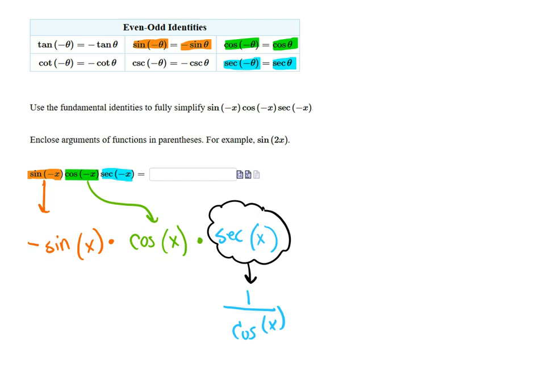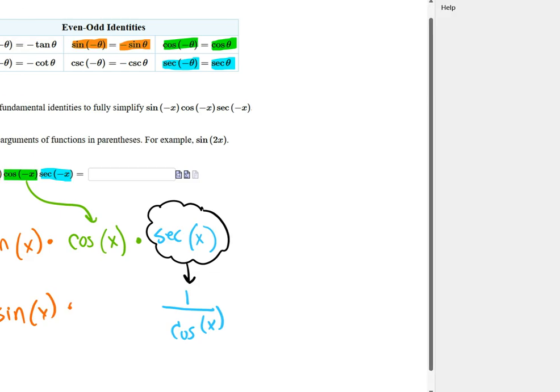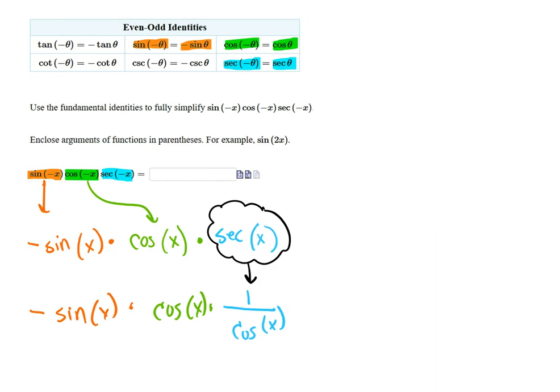And then of course you still have negative sine of x times the cosine of x times, and just from basic fraction stuff, this is over 1 and this is over 1, and then you can cross cancel these two out.